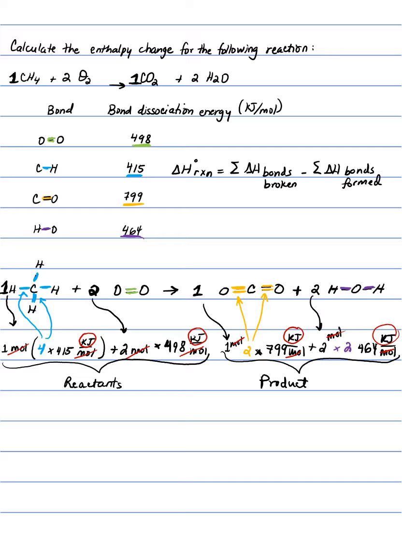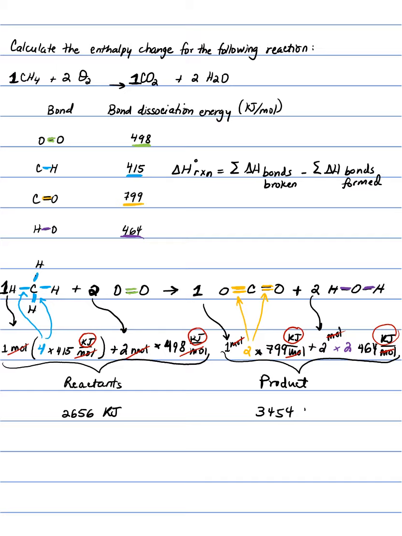I'm adding together everything on the reactant side and I'm getting 2656 kilojoules. And then let me check for the product side, 2 times 799 plus 4 times 464, that's 3454.